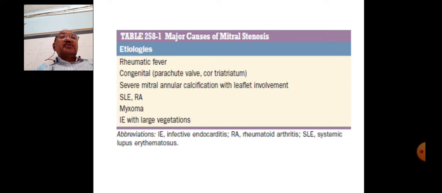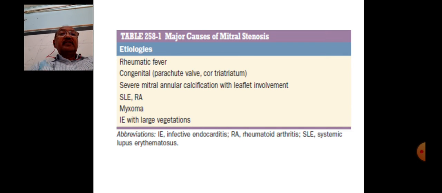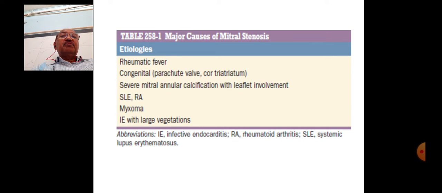Now, looking into the major causes of mitral stenosis, of course, the rheumatic fever and rheumatic heart disease is the most common cause. Sometimes the congenital MS can be produced by parachute valve or cor triatriatum. In old days, severe mitral annular calcification with the leaflet involvement.